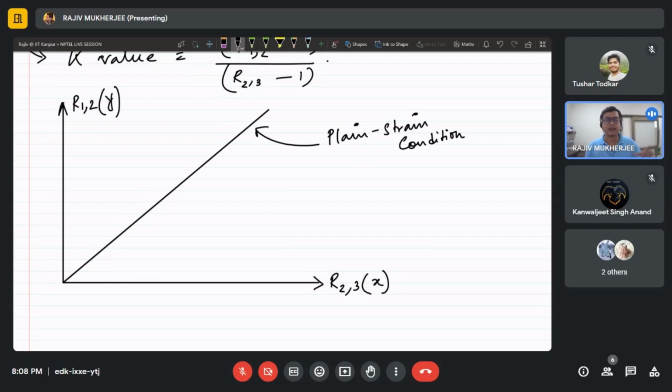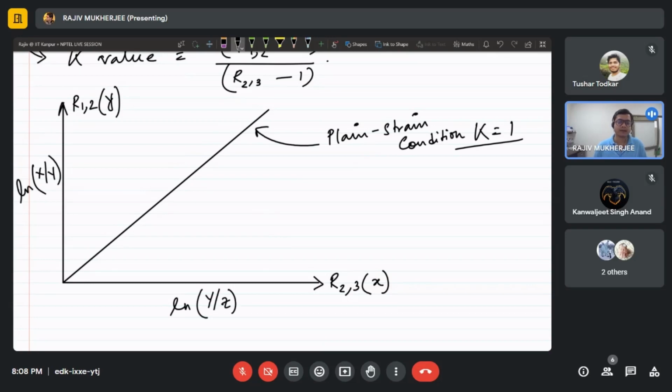Along this axis, we plot ln x by y, and along this axis we can plot ln y by z, natural log of y by z. And you can see that this entire thing is divided into two different domains, right? So this is one domain and this is another domain.